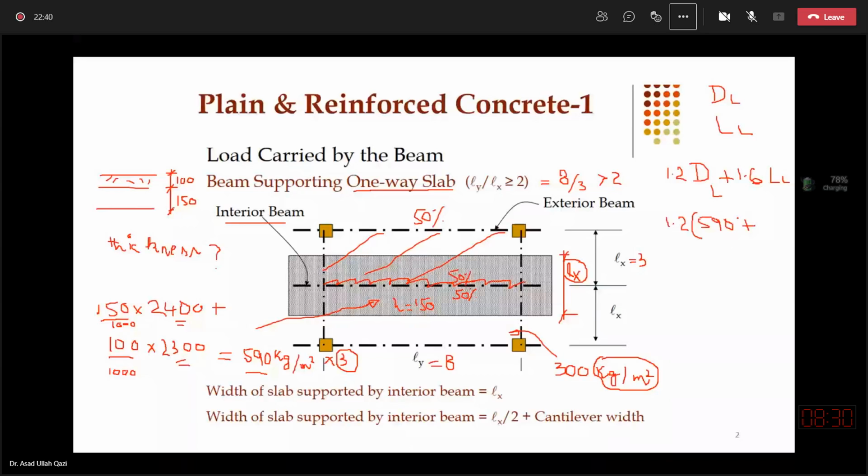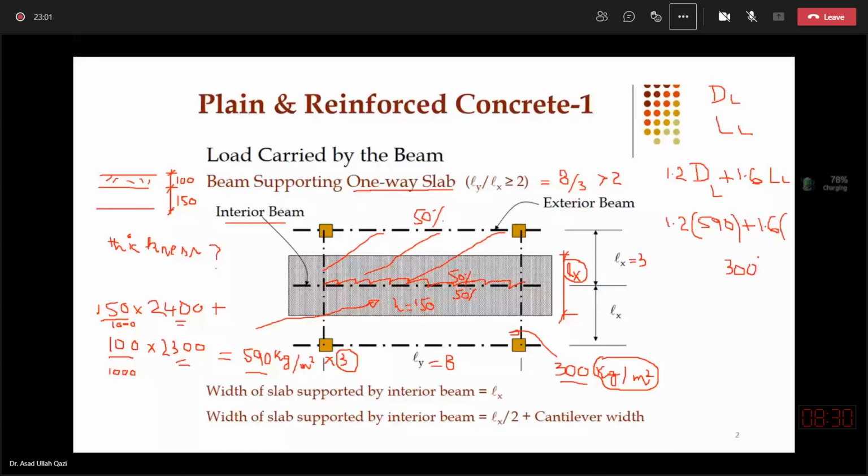then 1.6 into the selected service live load on the slab, which is 1.6 into 300.